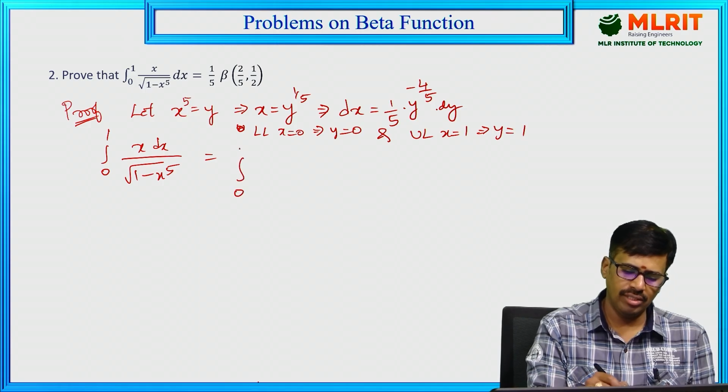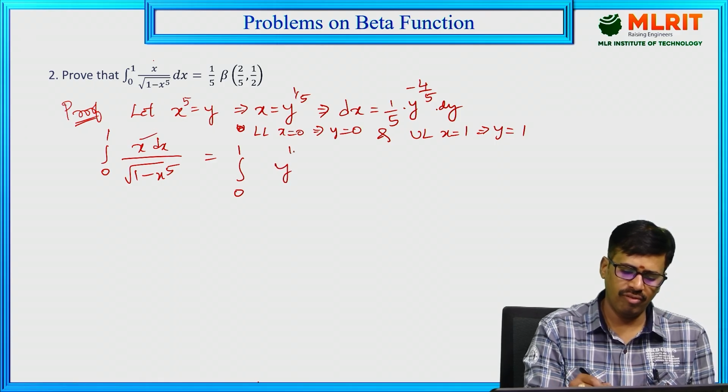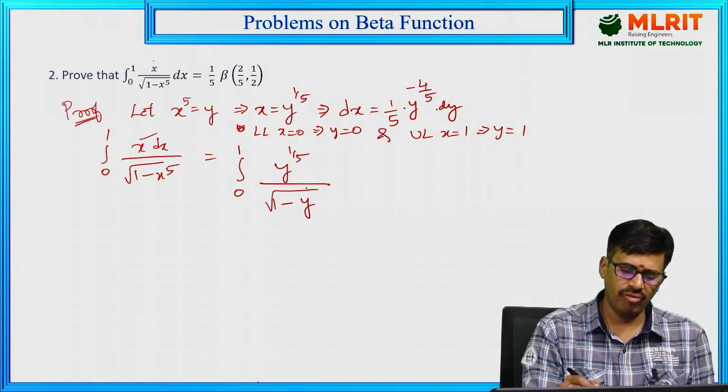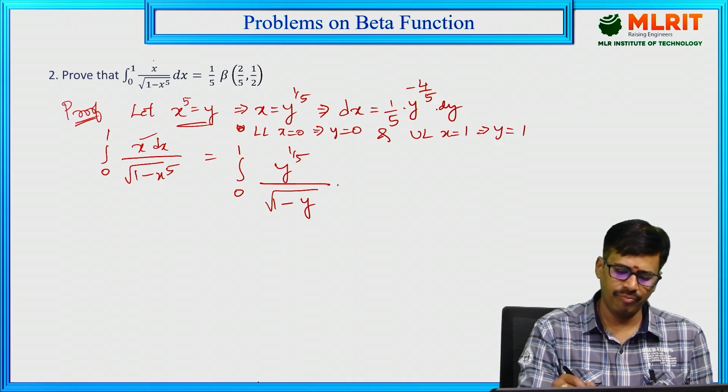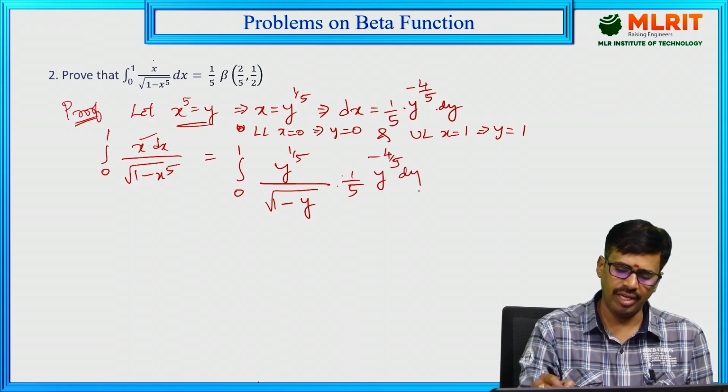So integral 0 to 1 x into dx, x means y power 1 by 5, by under root of 1 minus y, into dx, dx means 1 by 5 y power minus 4 by 5 dy, right?